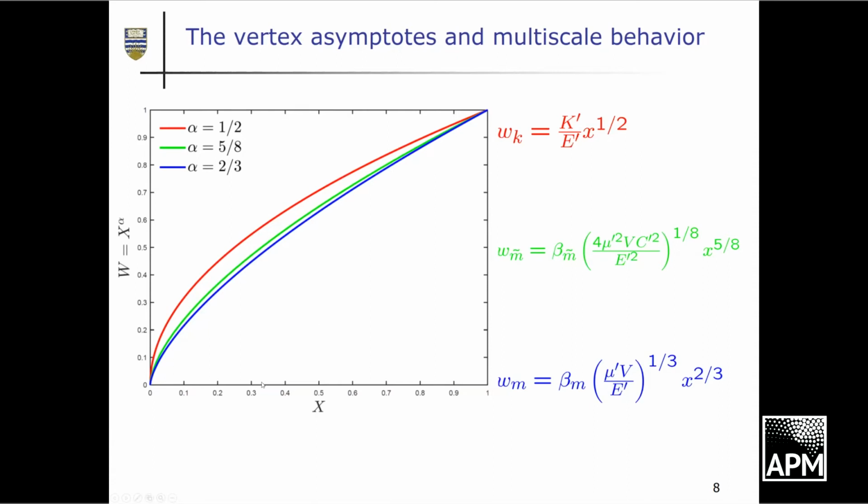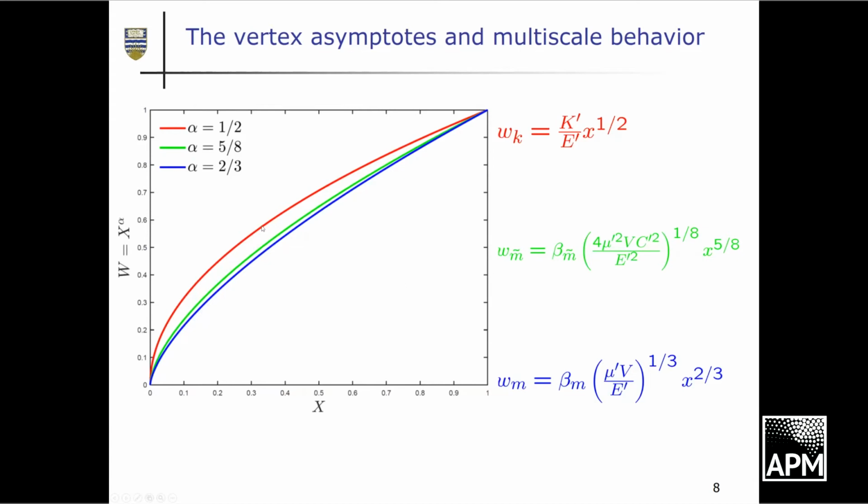Ultimately, you'll get close enough that the red one, the x to the half, will win. So just from comparing these solutions, we can see that there can be multi-scale behavior that will occur on many different time scales and on many different length scales.